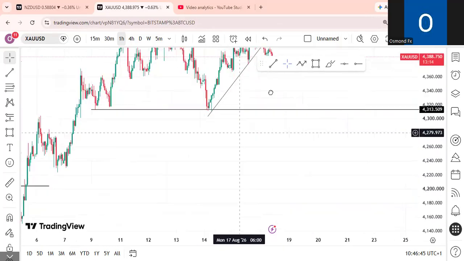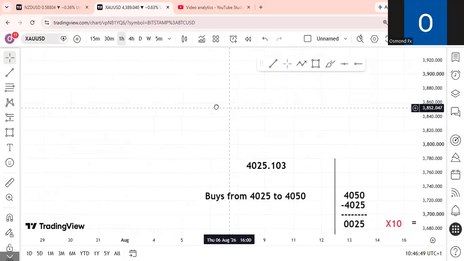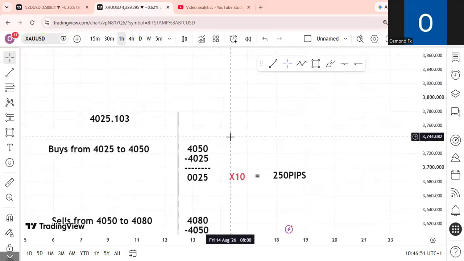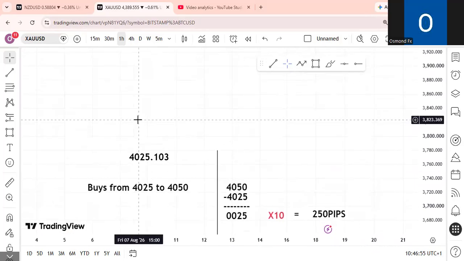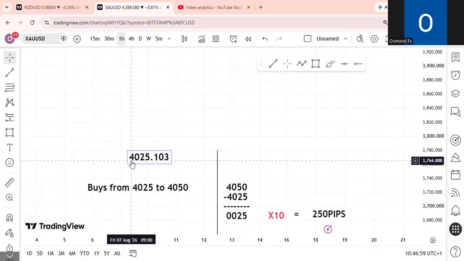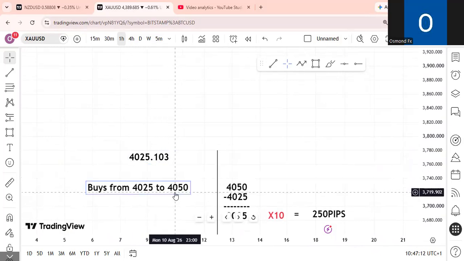So guys, first of all, I want to show you how to calculate pips manually before using all those tools that I just mentioned above. Let's assume that gold is going from 4,025.103 to 4,050.